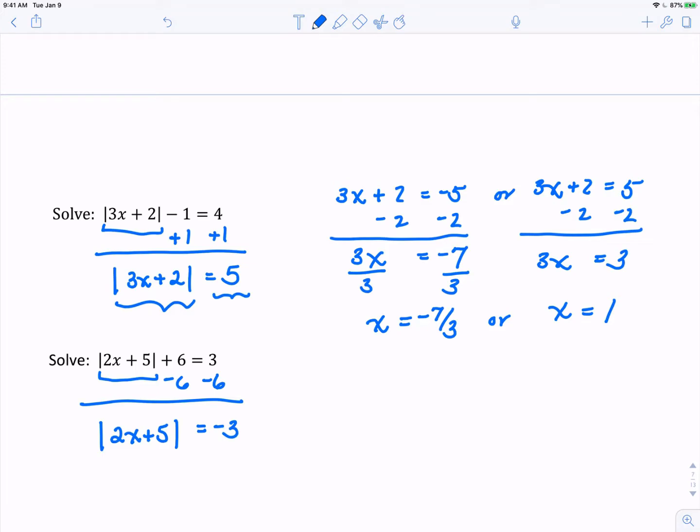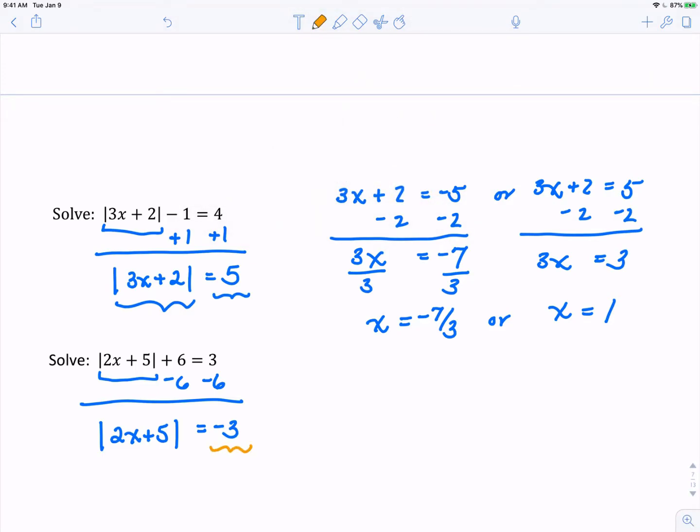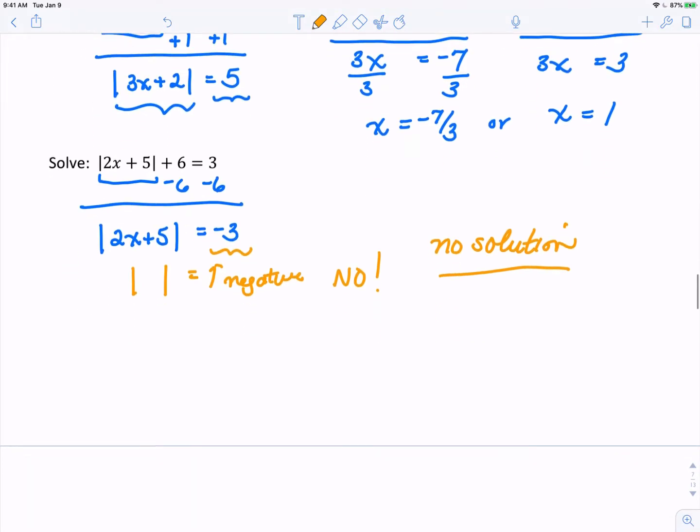But now we have something different: an absolute value equal to -3. Can an absolute value ever be negative? The answer is no. Absolute value is always positive. So this equation has no solution, because there is no value we can find for x that will give us a negative absolute value. And that's all there is to solving absolute value equations.